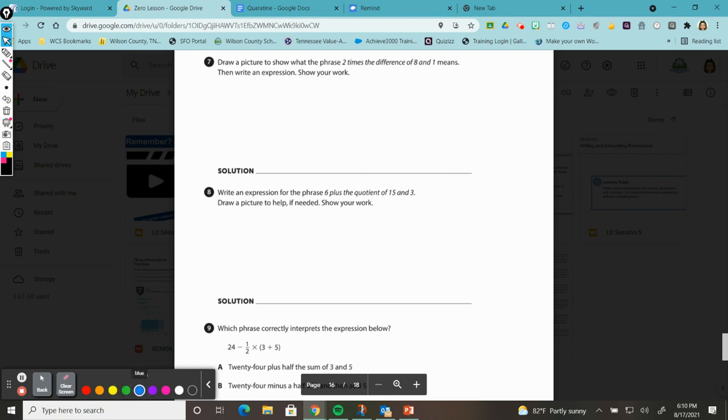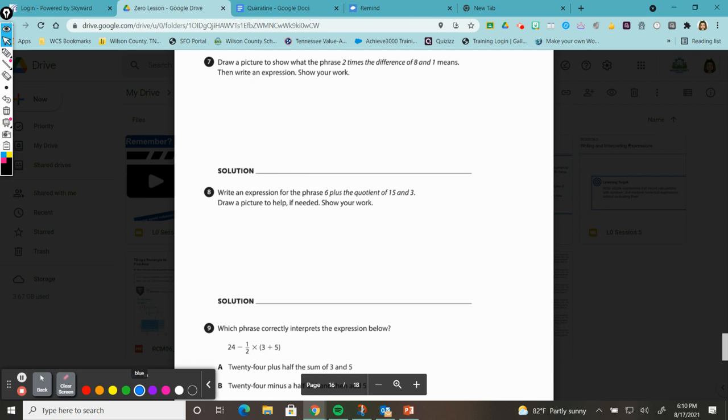Number 7 says, draw a picture to show what the phrase 2 times the difference of 8 and 1 means. If we were to scroll back to the picture of 15 minus the sum of 6 and 7, then each number was represented by counters, and then the words were represented by symbols or operations.